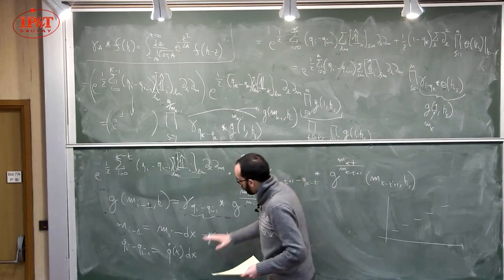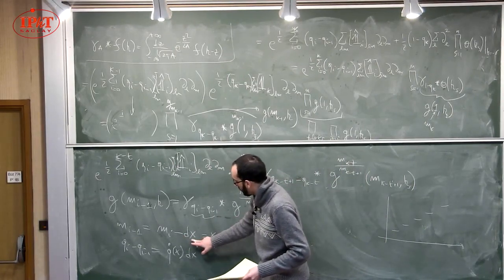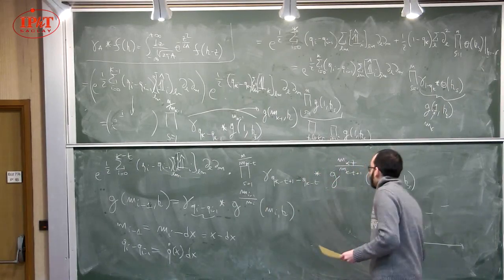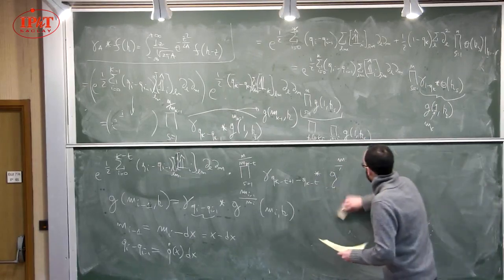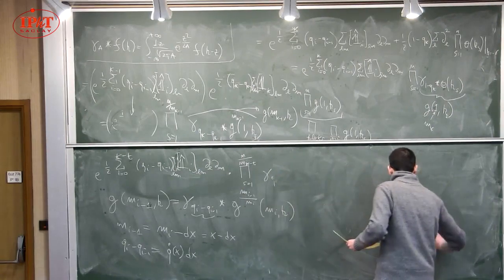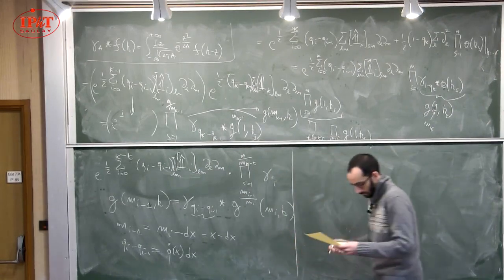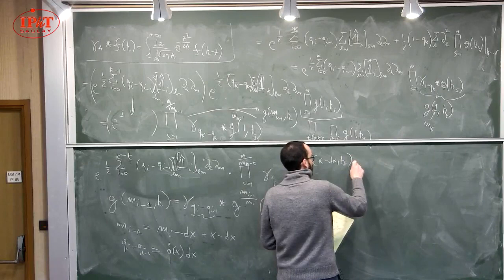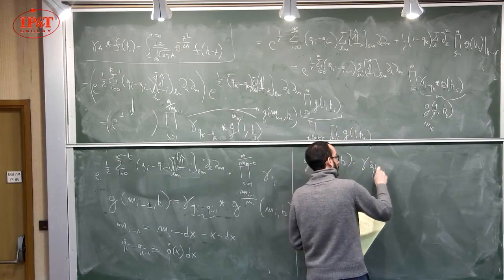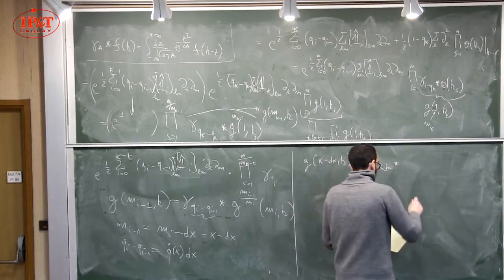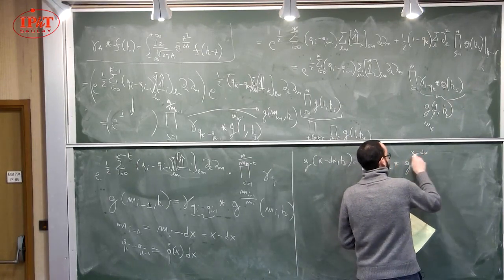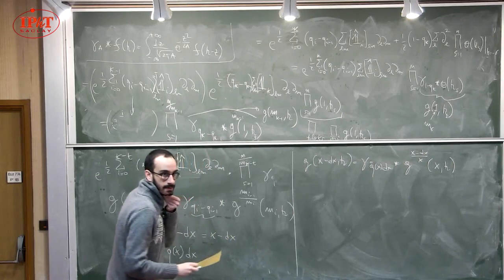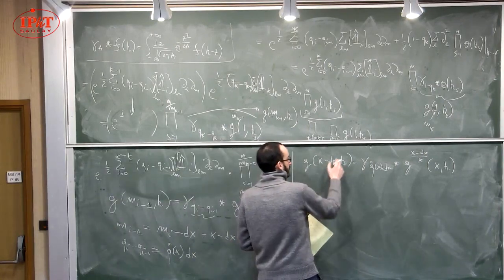Now we start from this, we plug this in, and then we develop at first order in dx, and then we will get a differential equation. I will do it. So we have G. And now let me develop this at small dx.